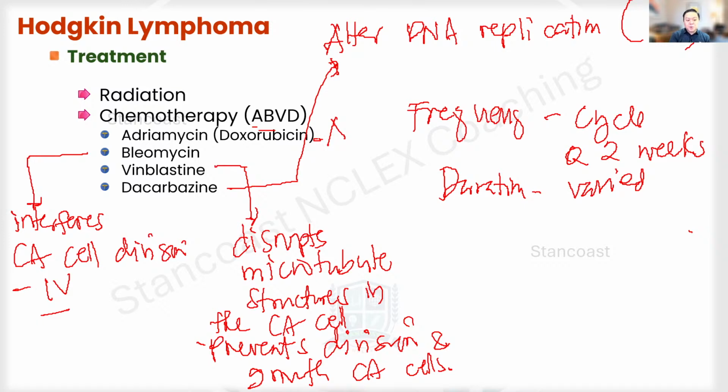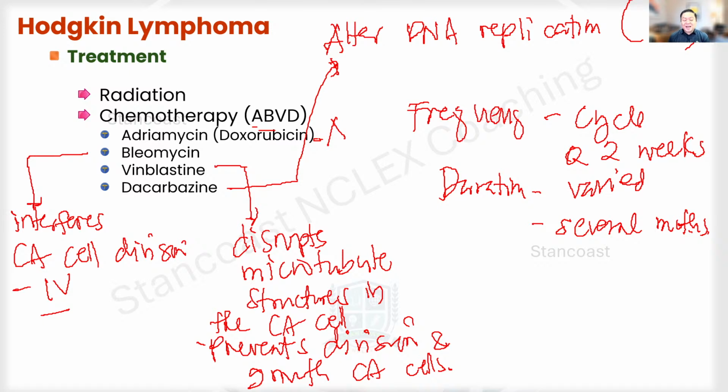But most often, the duration will span several months. And of course, what is the indication for the ABVD, the adriamycin, the bleomycin, vinblastine, and the dacarbazine? Well, it is indicated for Hodgkin lymphoma, which is very effective, especially for this classic type of lymphoma.